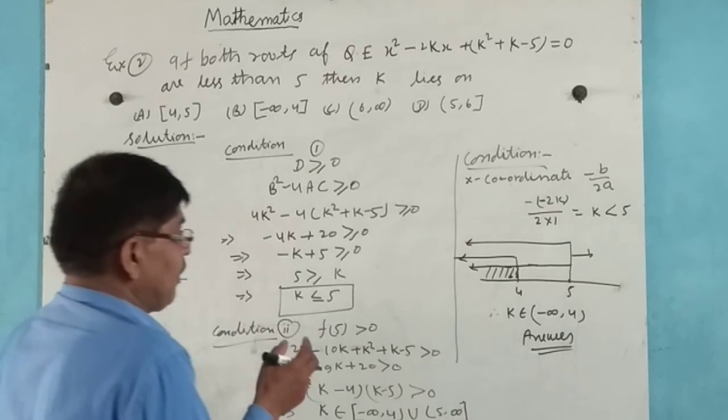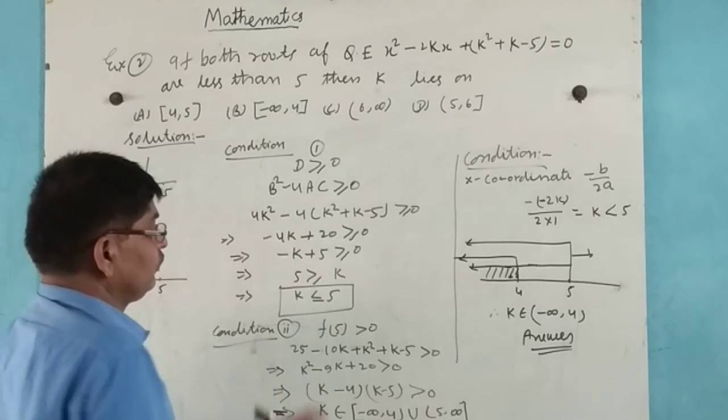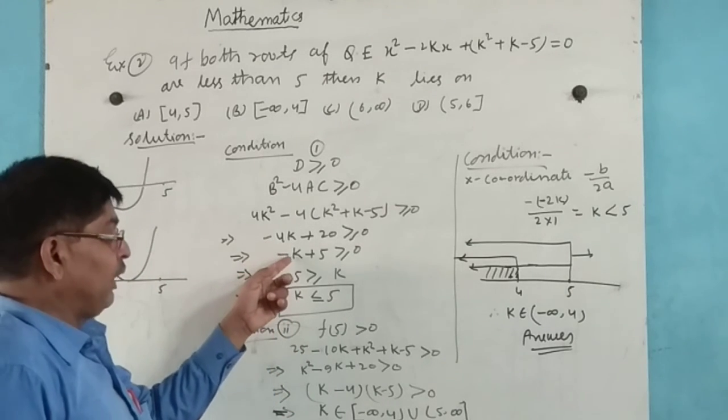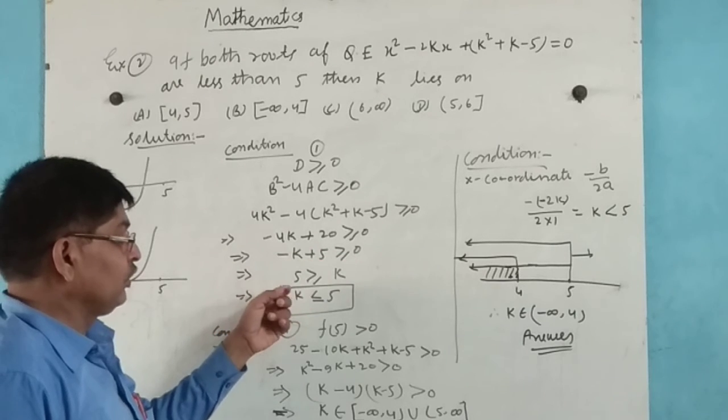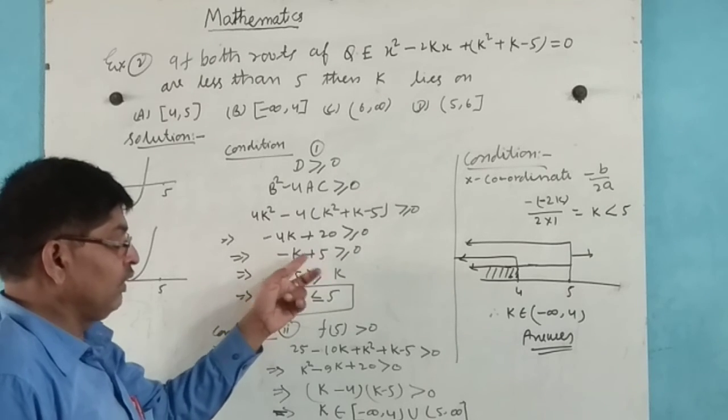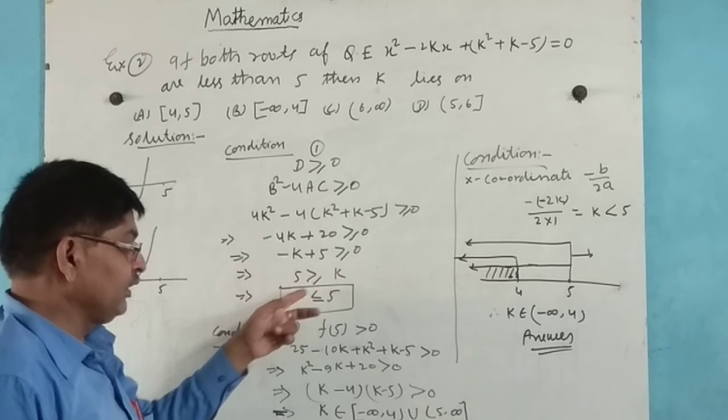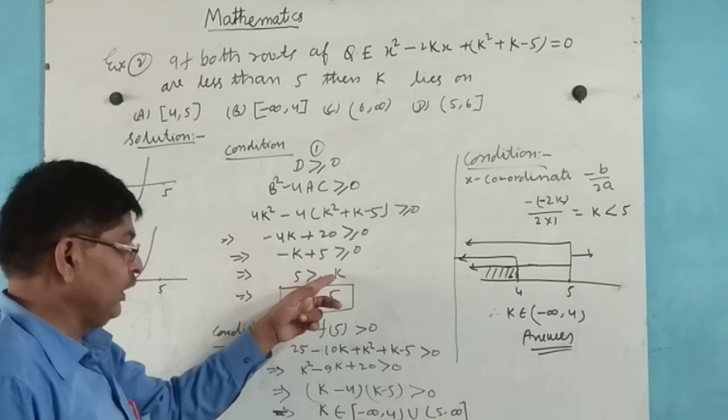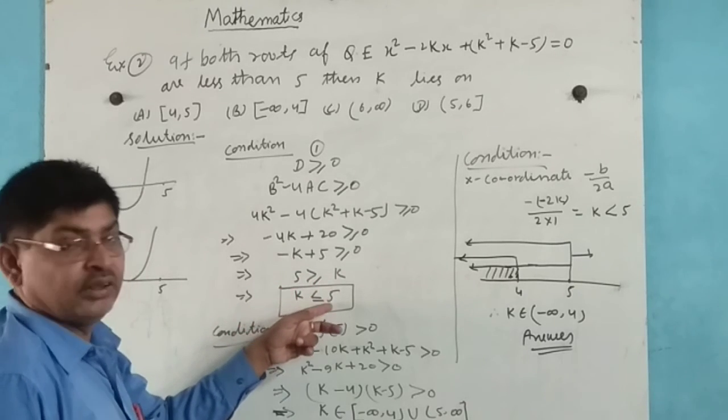Now on dividing by 4, minus k plus 5 greater than or equal to 0, 5 transfer here, and k less than or equal to 5.